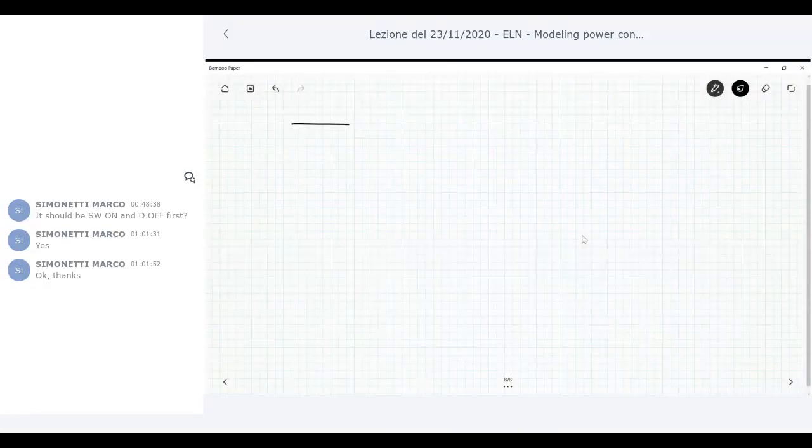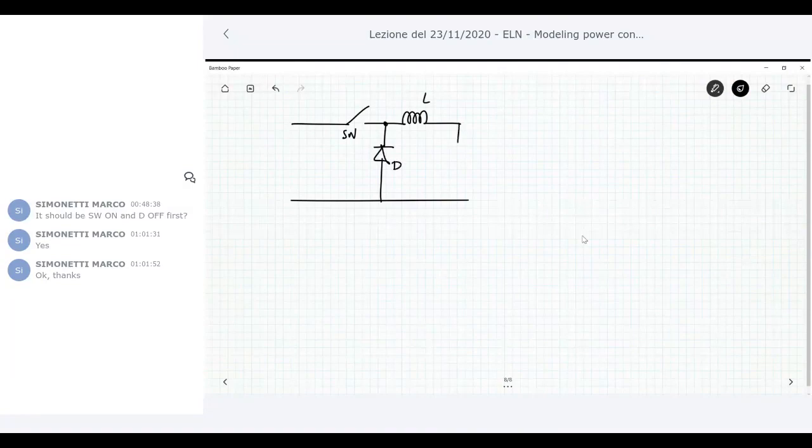Again, supposing that you have a buck, you have the switch, the diode, the inductance, again C naught and R. Let me just focus the attention on the ESR of the input capacitor. So the output capacitor for me now is without any ESR. So C in, and then you have the ESR of C in.